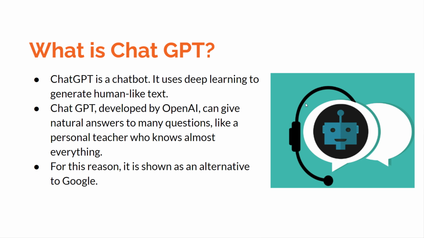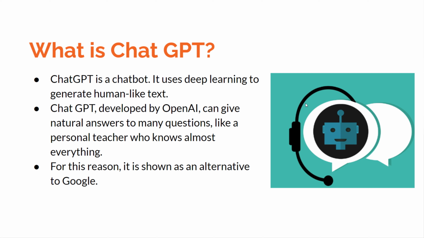Now, ChatGPT is like a chatbot, and the reason this particular chatbot has gotten so much attention is because of its capabilities. ChatGPT is developed by OpenAI and can give natural answers to many questions, like a personal teacher who knows almost everything.